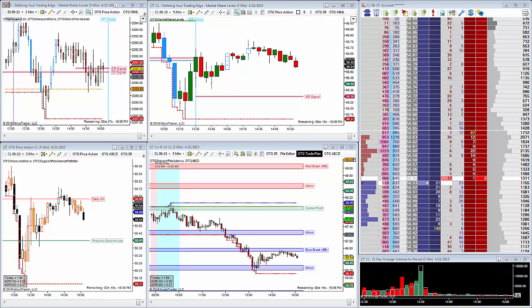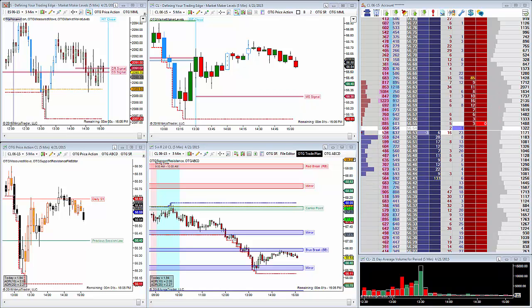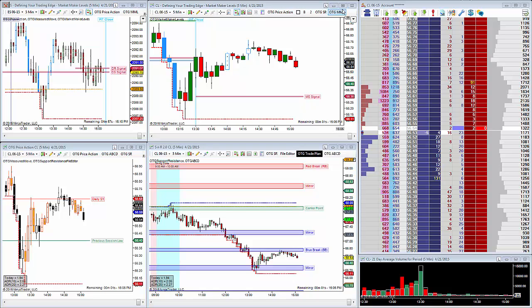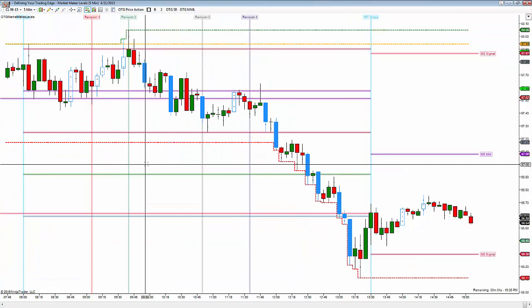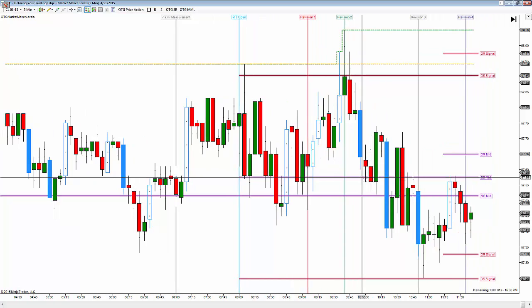All right, so as you can see, we started that process of discussing the OTG trade plan at 7:48 this morning, and we had clearly identified all of those levels that I showed you on the chart a few minutes ago about how we were looking for pivot points all the way out until 1:20 p.m. this afternoon. So what we did here today is we were looking and ended up getting short.